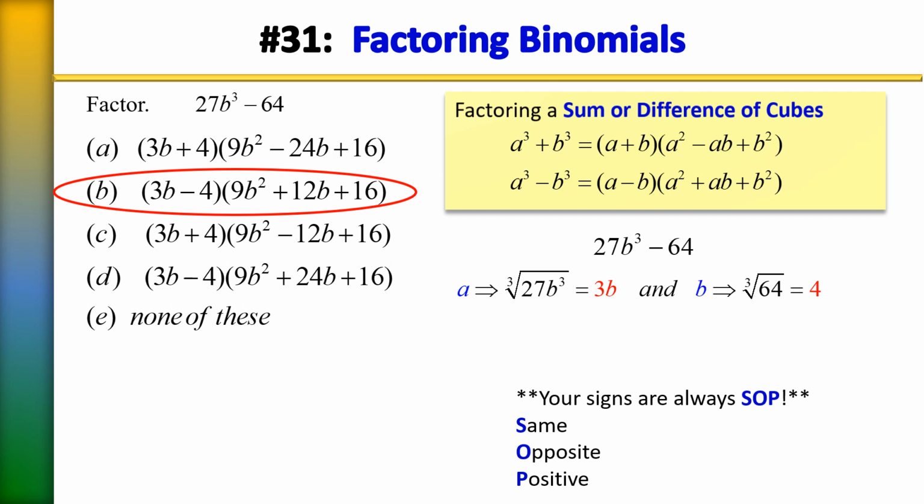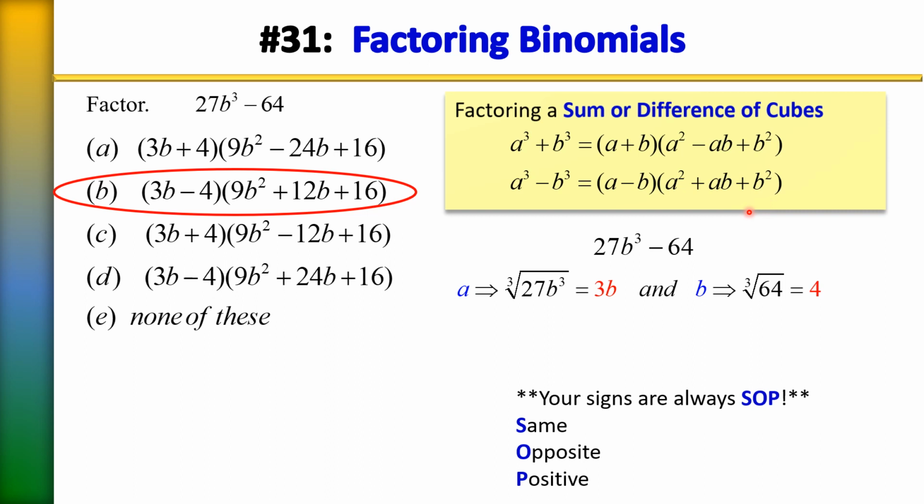So plugging that into the formula, we have here a, which is 3b, then b, which is 4, a squared, 3b times 3b equals 9b squared. Multiply a and b together, 3b times 4 equals 12b. And then lastly, square b. If b is 4, 4 times 4 is 16.